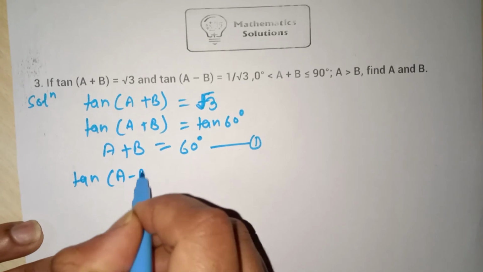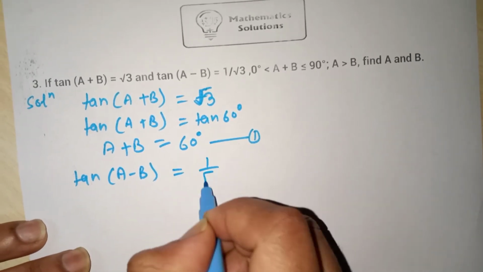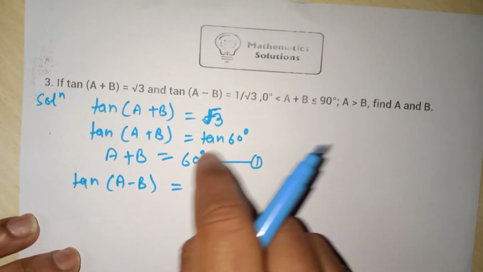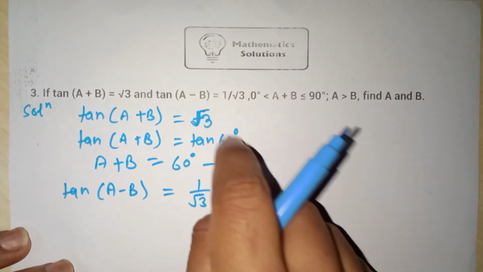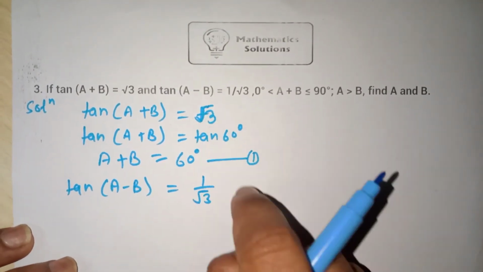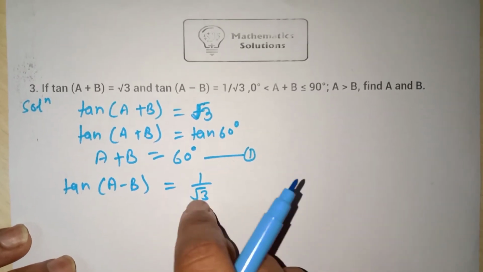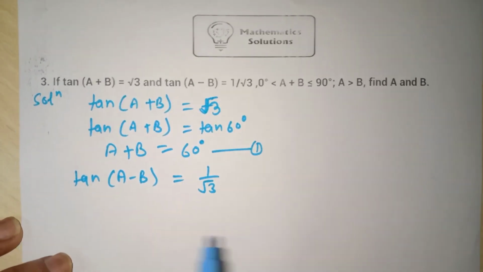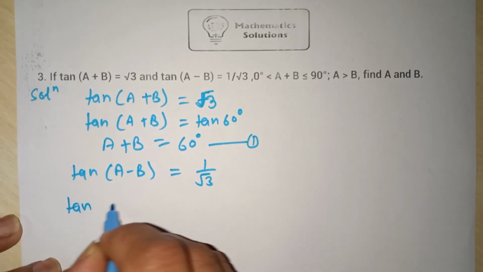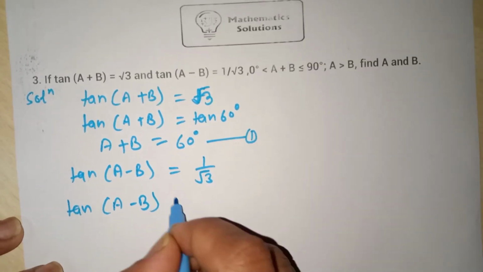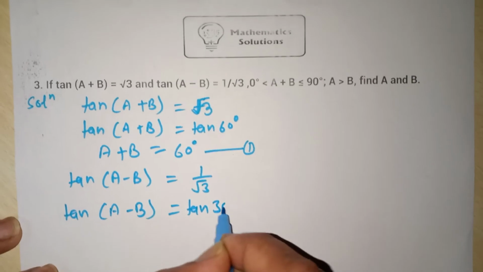Now take the second equation. Tangent (A minus B) is equal to 1 upon under root 3, and we know that the value of tangent 60 degrees is under root 3, and the value of tangent 30 degrees is 1 by under root 3. So we will write tangent 30 degree. A minus B is equal to tangent 30 degree.